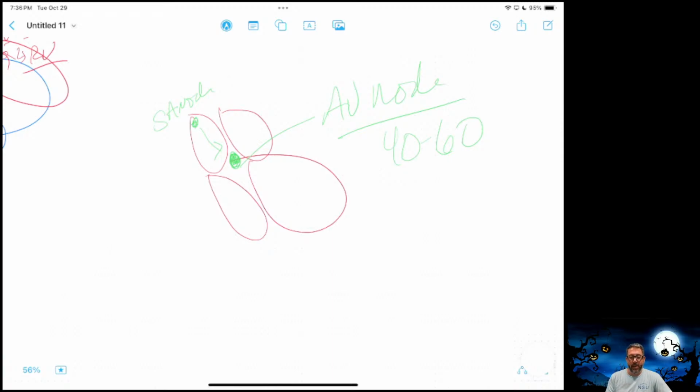Okay, I'm going to do it myself. But when the AV node fires by itself, let me change the color. When the AV node fires by itself, it sends a signal up and down at the same time.